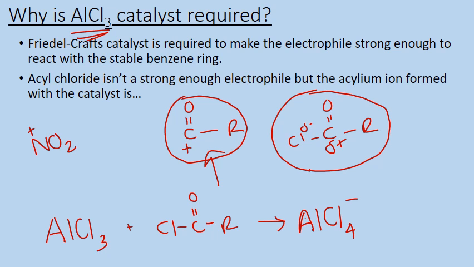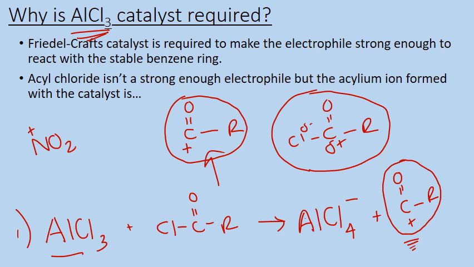Sometimes we call this a halogen carrier or halide carrier. And that will leave us with our required electrophile. So you can see again, we've got an equation here for the formation of our electrophile, just as we had in the nitration. We have an equation to show Friedel-Crafts producing AlCl4 and our electrophile.